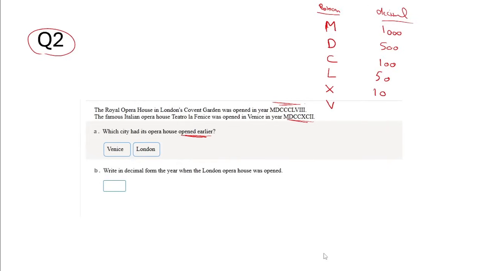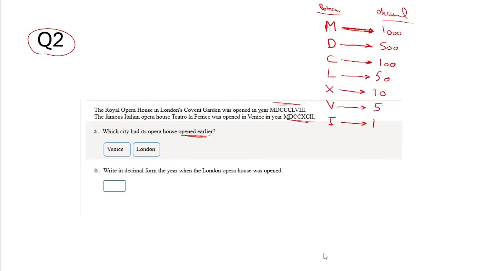V is 5. I is 1. So each letter from Roman numerals has the corresponding decimal number as shown here. M equals 1000 in decimal. D, 500. C, 100. L, 50. X, 10. V, 5. I, 1.